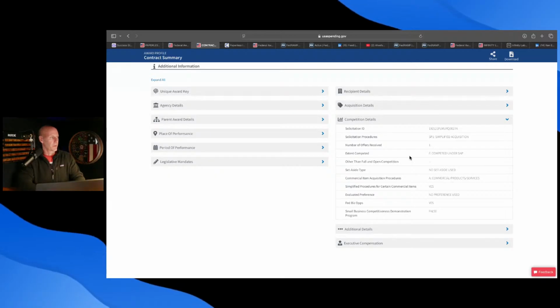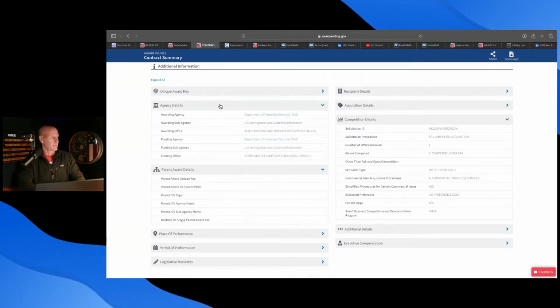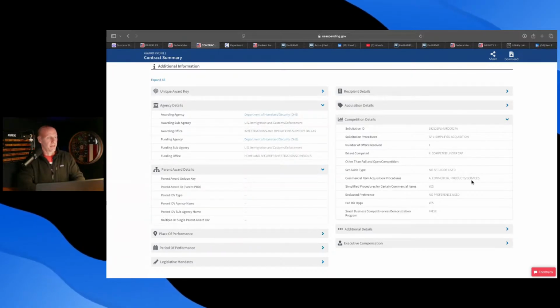So, okay, first of all, who did they sell to? U.S. Immigration and Customs through the Department of Homeland Security. They used a simplified acquisition. See, number of offers received 1, competed under simplified acquisitions.